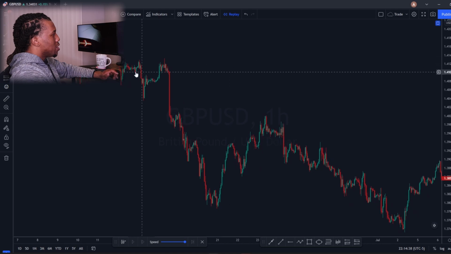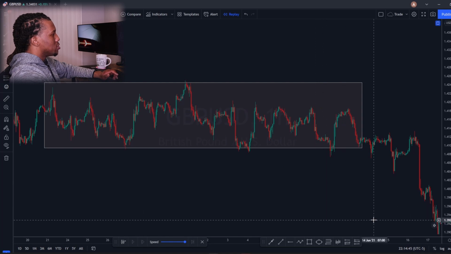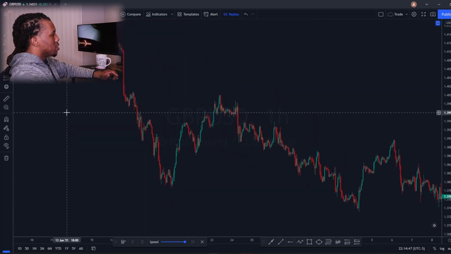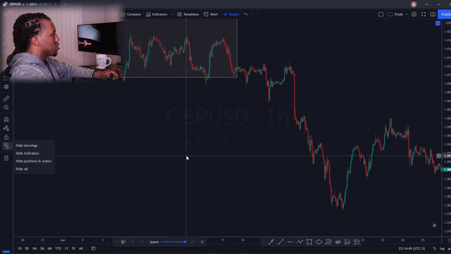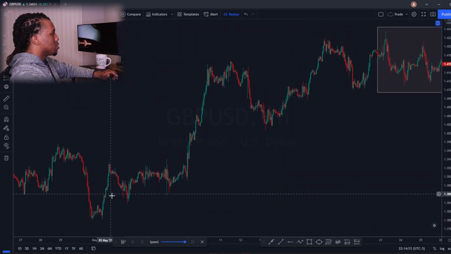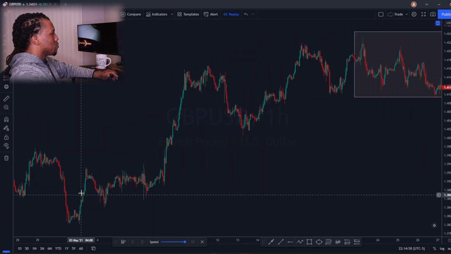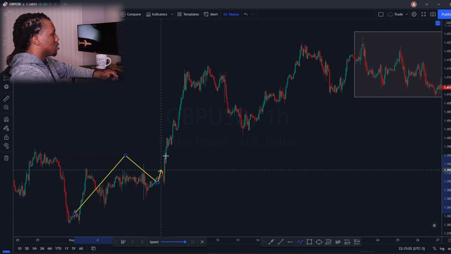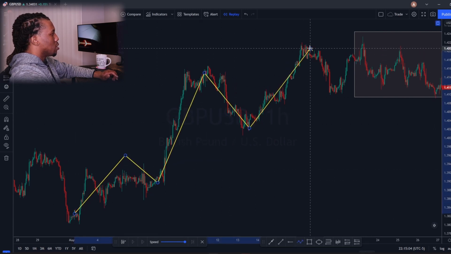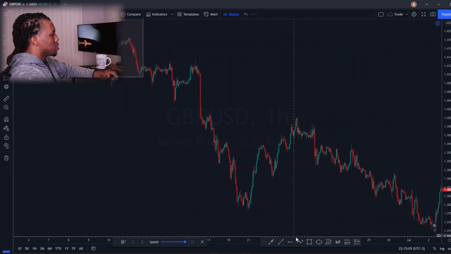Whereas here you can identify right away, this is a downtrend, right? Look at the difference here. Consolidation in this box, and here's a downtrend, okay? Let's see what's left of this box. We have an uptrend to the left of this box, right in here, an uptrend, okay? Here's the uptrend. Consolidation, here's the downtrend.